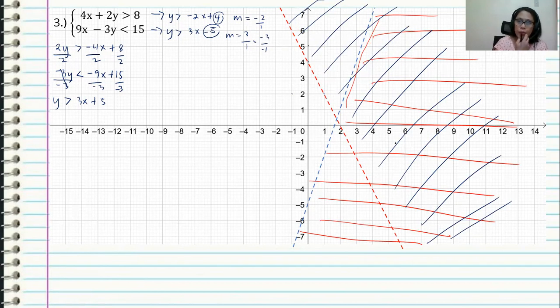solution set. So for example, if we're going to select one point there from the solution set, let's consider (5, 0). So (5, 0) should satisfy both inequalities here, as we substitute 5 to x and 0 to y for the first inequality.